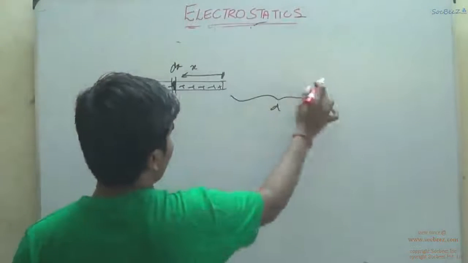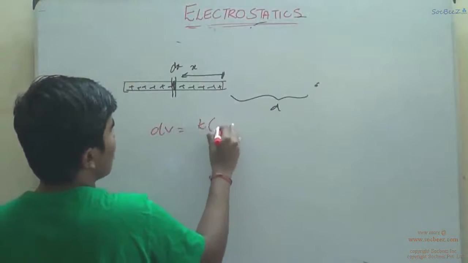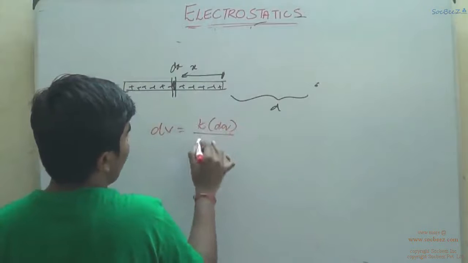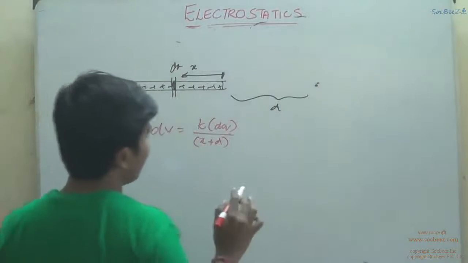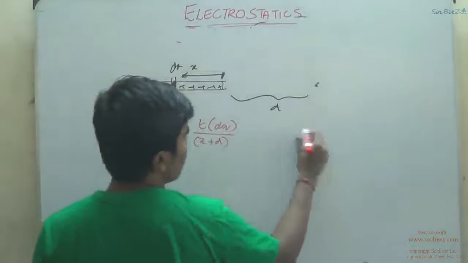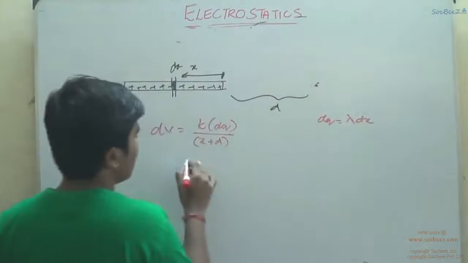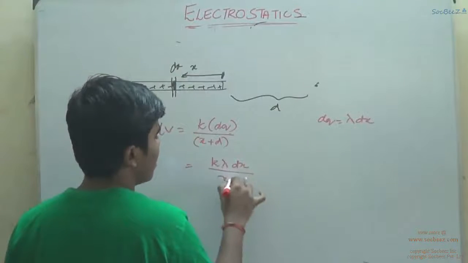Now the potential due to this here is equal to k times dq by x plus d. Okay, and dq here is equal to lambda dx. So this is equal to k lambda dx by x plus d.